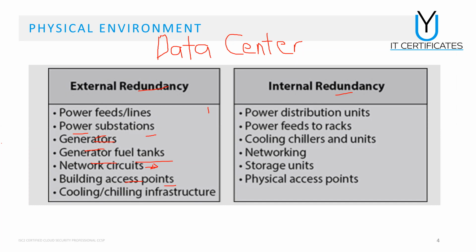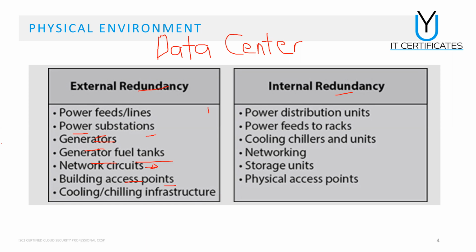Networking. Here, networking means the LAN, the internal network, where the servers, switches, virtualization, and storage are all connected. Storage units. Folks, by the end of the day, you are a cloud service provider, you are providing application and data. Then the storage units must be redundant. In some situations, in enterprise cloud service providers, we replicate the data from one side to another.